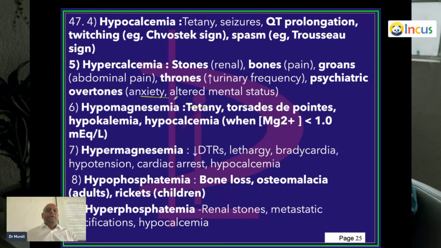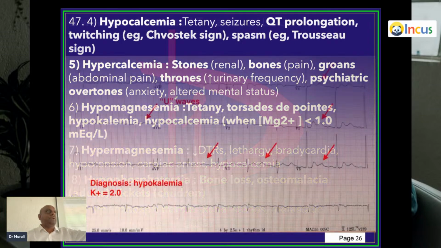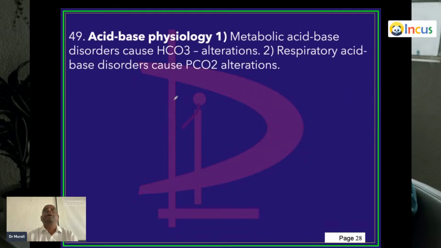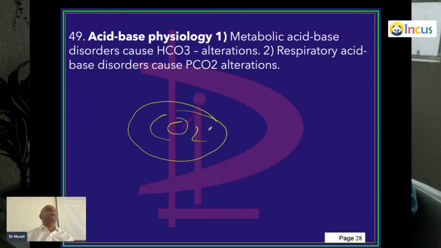Okay. Now, hypermagnesemia, hyperphosphatemia, how do they present? You need to be very sure about. Now let us talk acid-base disorders. Acid-base disorders में you have metabolic acidosis, alkalosis, you have respiratory acidosis and respiratory alkalosis. One thing you should know, कार्बन डाइऑक्साइड को कहते हैं breathable acid.